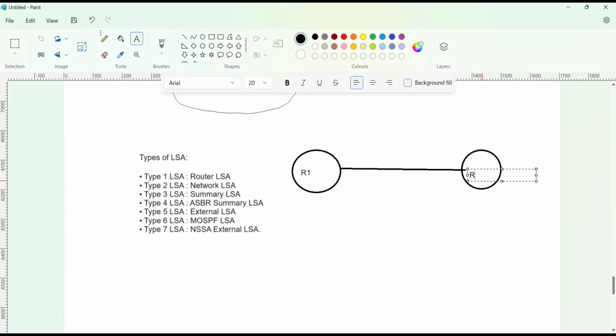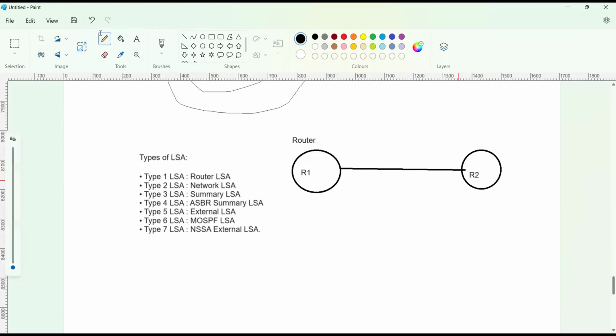If we have hundreds of prefixes, the router having those prefixes originates the LSA, their own router's LSA. It happens within an area in the router LSA. Now move to the link LSA. In between, how many prefixes are available, we call the network LSA.